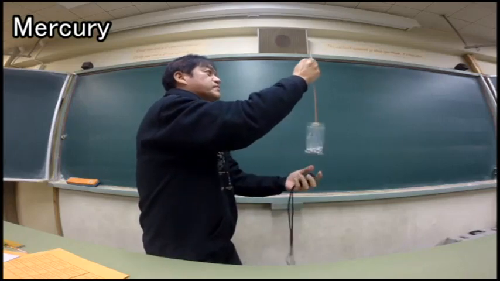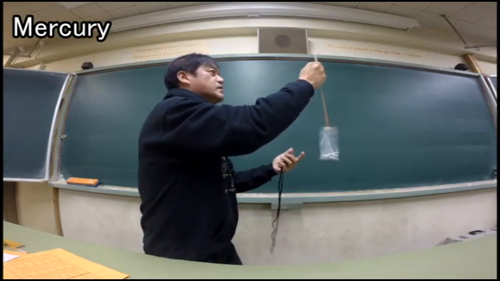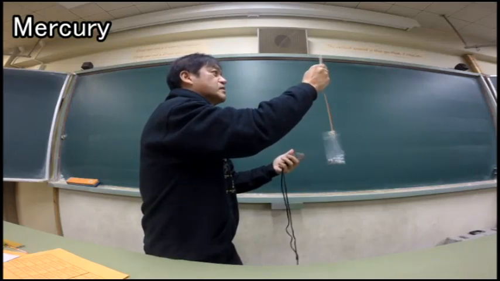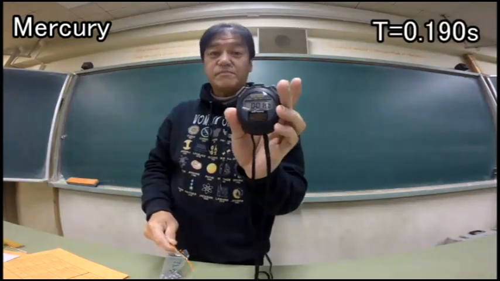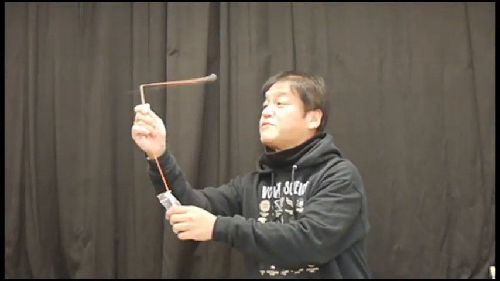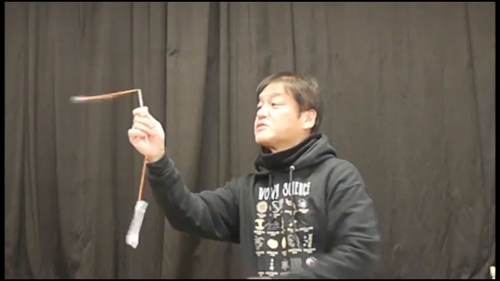First, 1.90 seconds. If you revolve quickly, Mercury will move away from the Sun. And if you revolve slowly, Mercury will fall into the Sun.